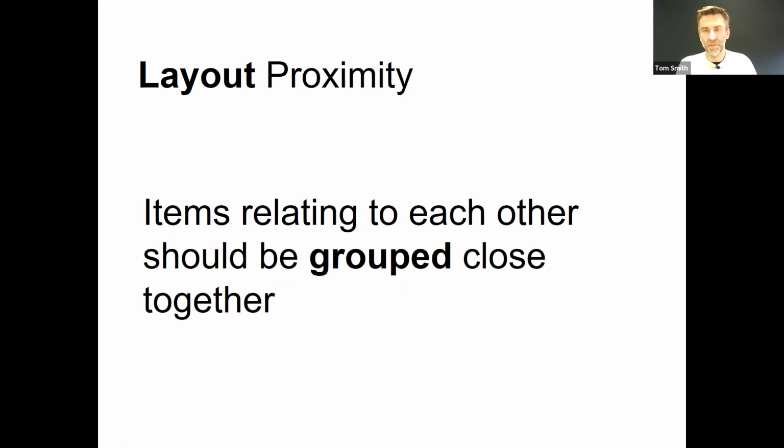There's also proximity, and this ties in with alignment as well. Items relating to each other should be grouped closer together. A good example of that is having a bulleted list and a numbered list so that everyone will naturally group them together, and that helps create those things.